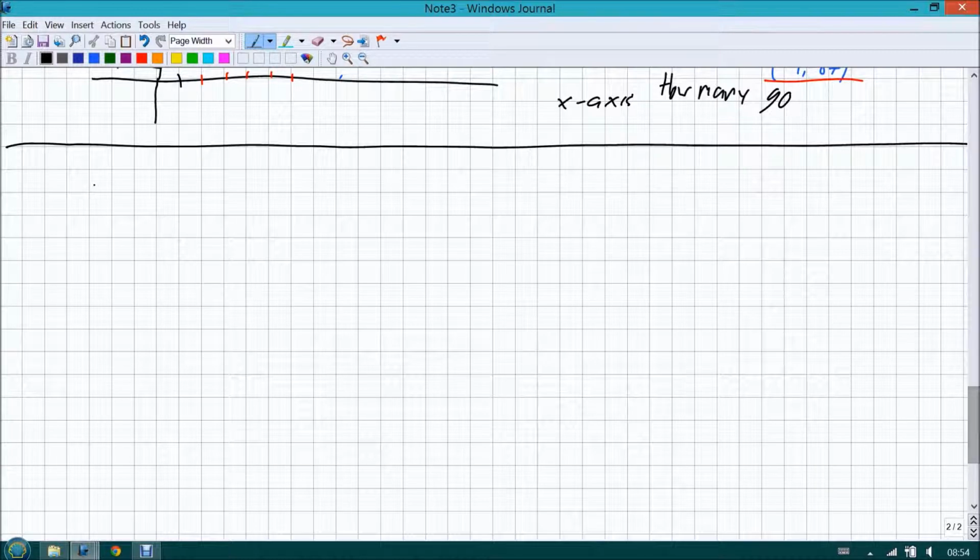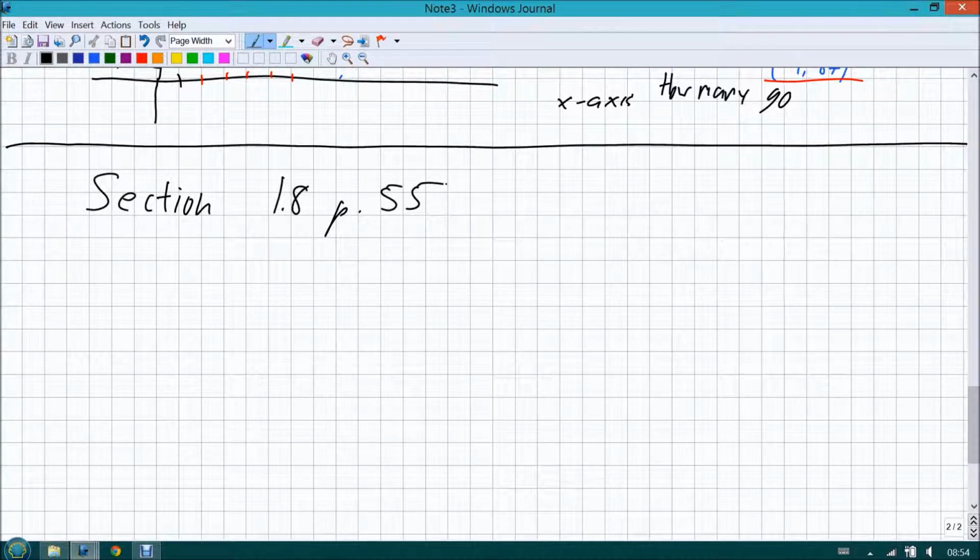So here's our homework. For tonight, it is going to be section 1.8 on page 55. Actually, it doesn't start on 55. My apologies. It starts on 57.